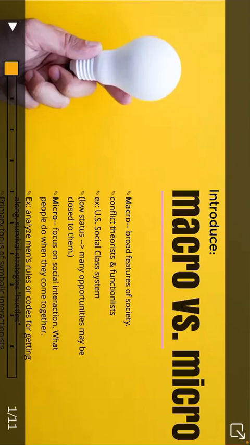So macro sociology is interesting because remember, we're looking at those broad institutions, things that are happening in society that are creating a much larger way for us to look at things, right? A lot of times, in order for us to better understand human behavior, we have to look at certain parts of society.